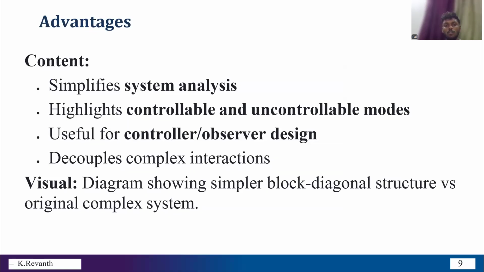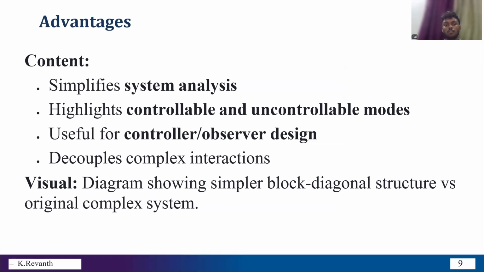Advantages of Jordan form. So, what do we gain from all this effort? The Jordan canonical form provides several key advantages. Simplification: it converts a coupled system into a simple and structured form. Clarity: it highlights eigenvalues, modes, and system behavior clearly.